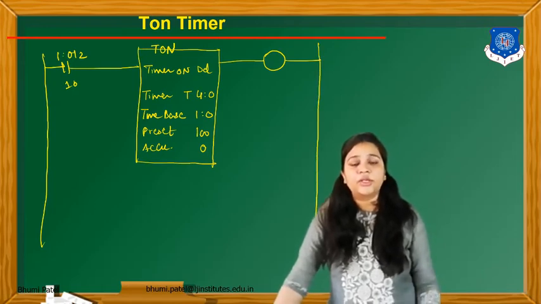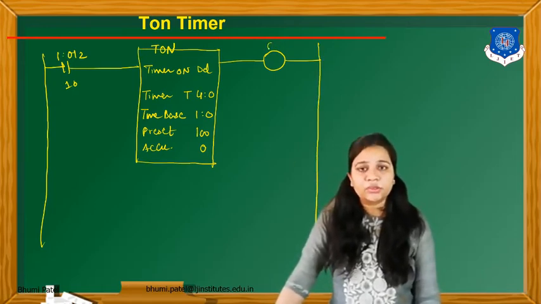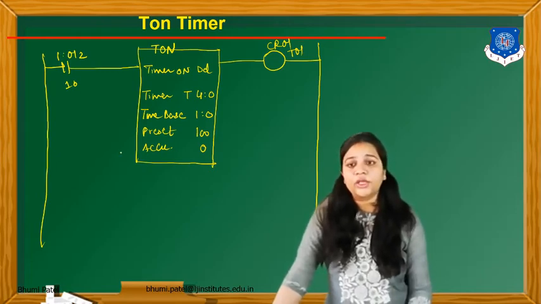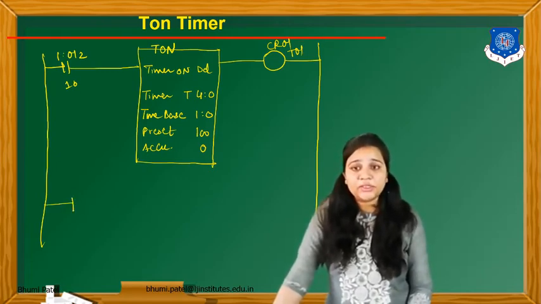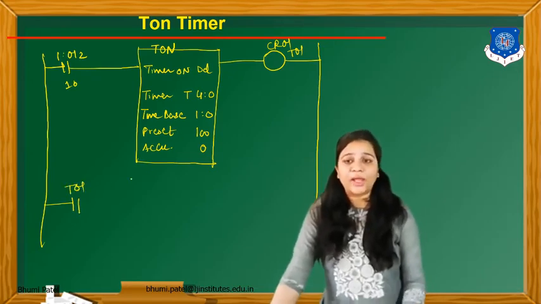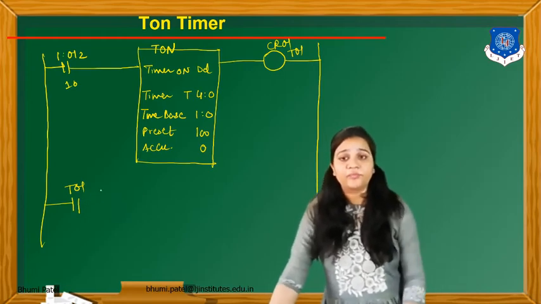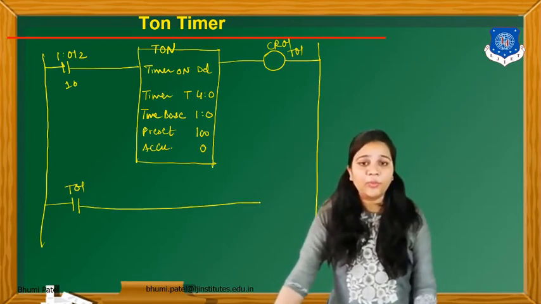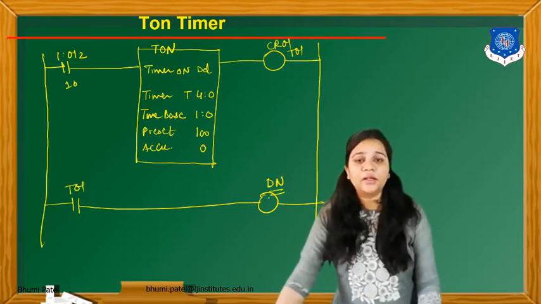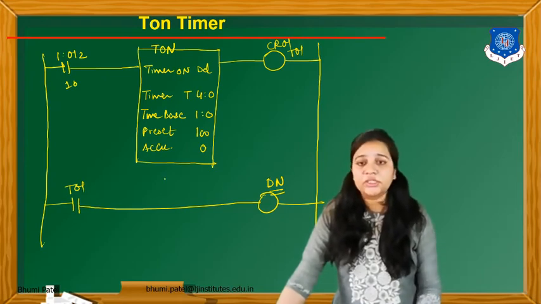The name of the output is suppose CR01, and the command of the T-on timer is T01. Whenever the T0 is on, that means the preset equals the accumulator value, at that time the done bit will be high. So this is the logic.